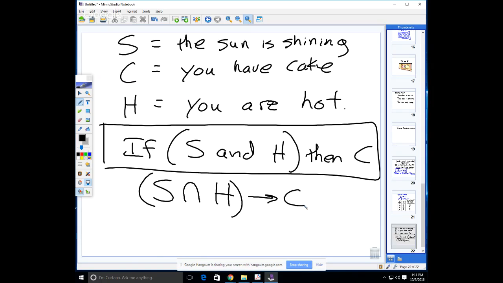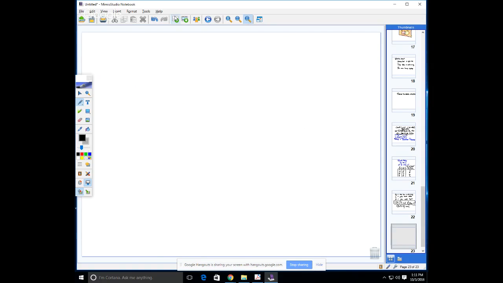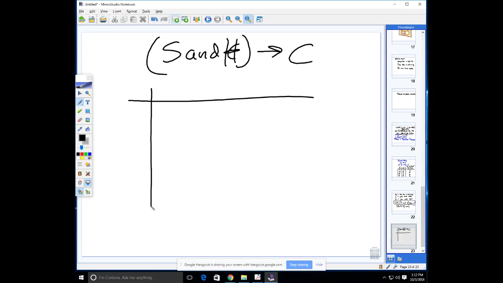So to analyze this statement with a truth table, since I have three things happening in pieces, I'd have to analyze them in pieces. So let's set up a truth table for that whole combination: S and H, sorry, implies C. In my table, first I'd want to figure out the possibilities for S and H and C all by themselves.